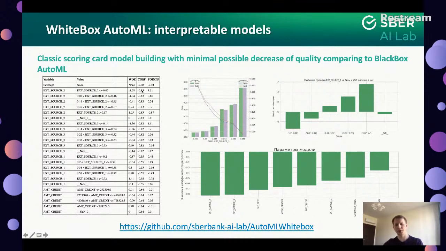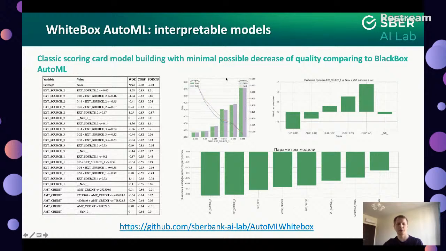So if we take a look here, we have minus 0.83 for ext source 2, and here in the coefficient column we have the same number. And as we have ext source 1 here, we can also find it in the classic scoring card and take a look at the values of weight of evidence and see that they are the same as this graph has.